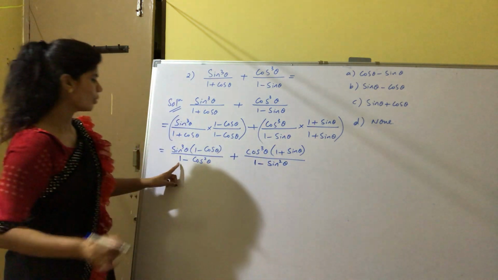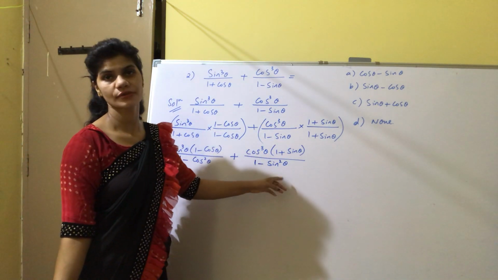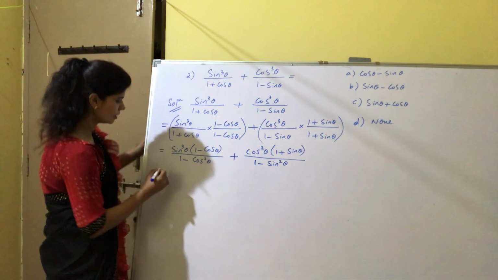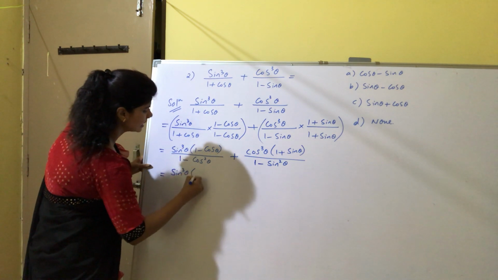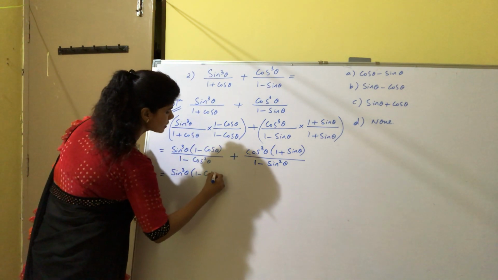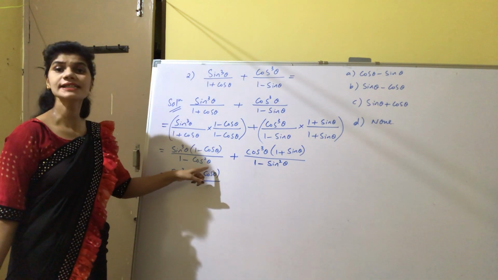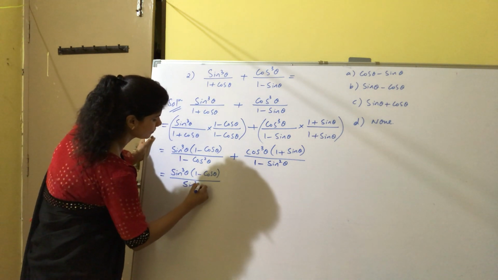And we all know that 1 minus cos square is sine square, 1 minus sine square is cos square. Replace them by those values. So we get sine cube theta into 1 minus cos theta upon 1 minus cos square, which is sine square theta.